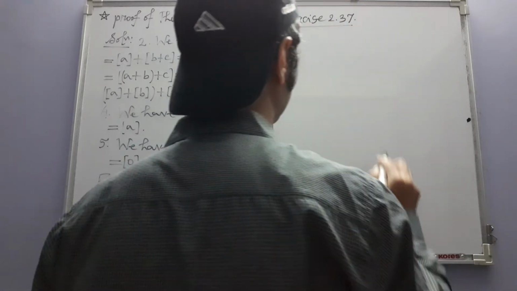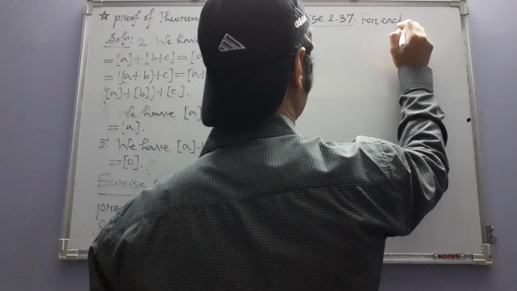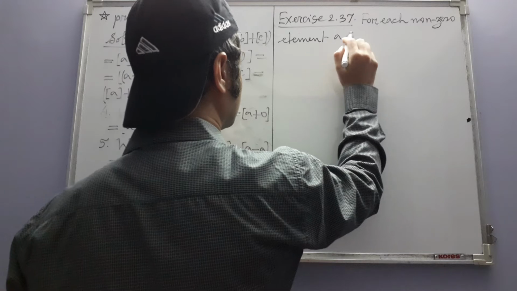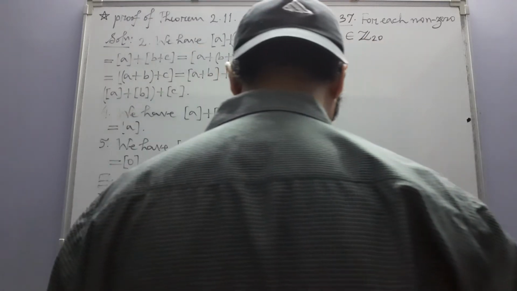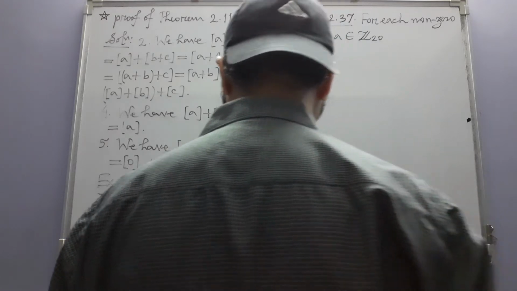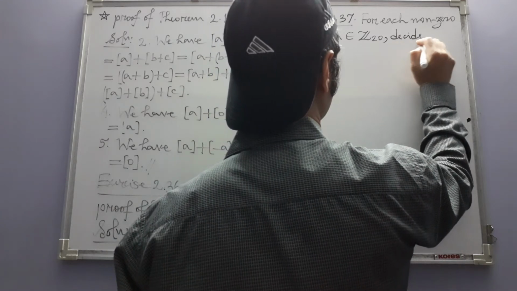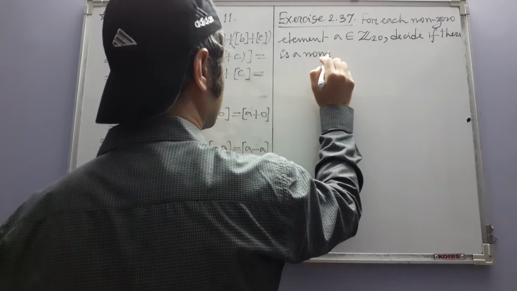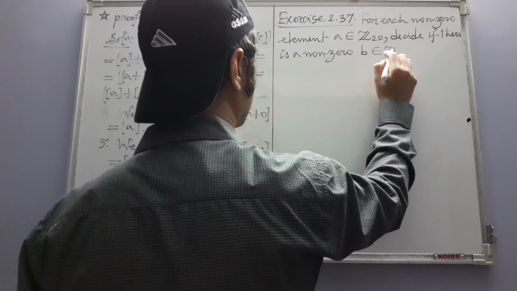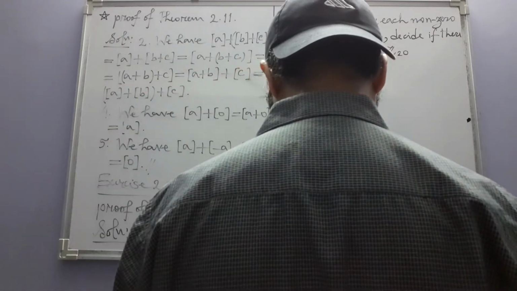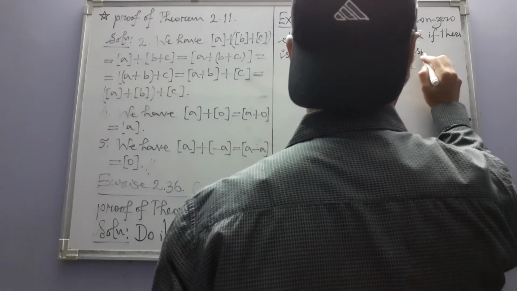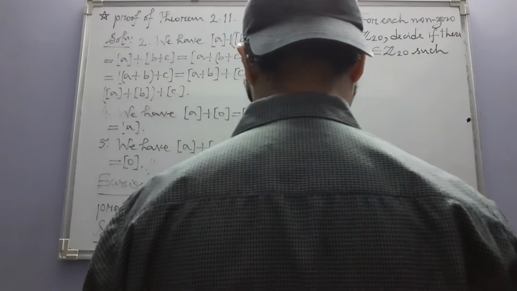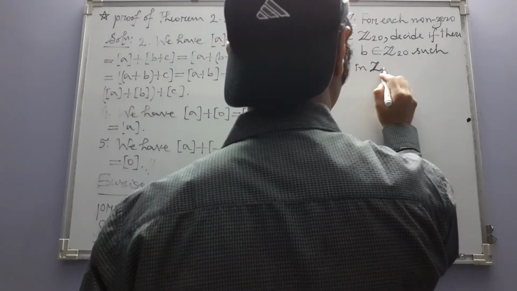For each non-zero element A in C20, decide if there is a non-zero B such that their product is 0 in C20.